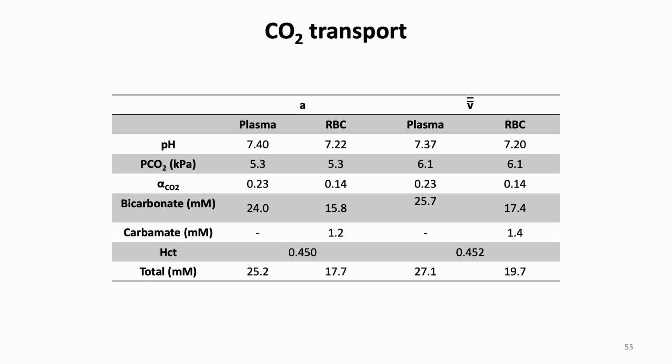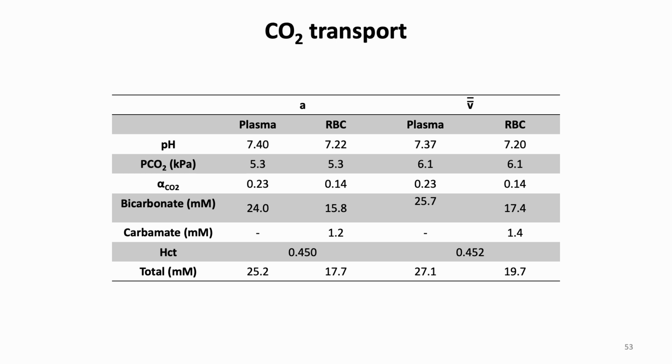Based on these data, I have myself estimated how much CO2 is transported by each of these means. Some sources state that 10% is physically dissolved, 20% is transported as carbamate, and 60 to 70% is transported as bicarbonate, whereas others state that 90% is transported by bicarbonate and the rest by carbamate and physically dissolved.